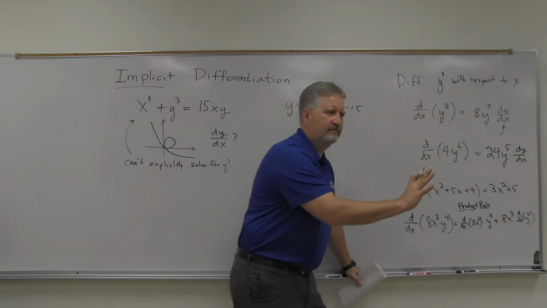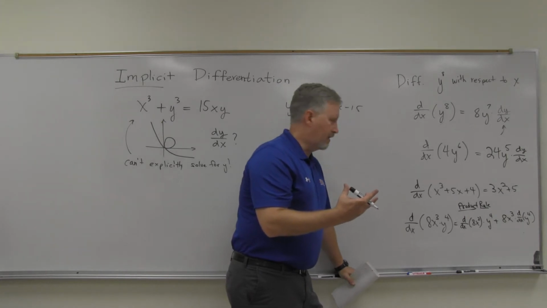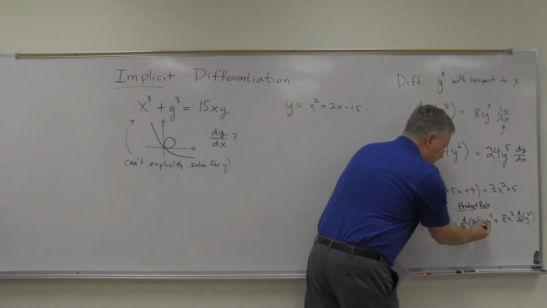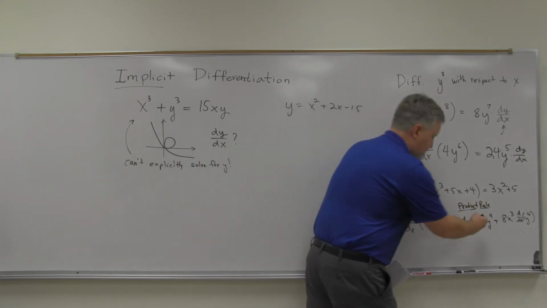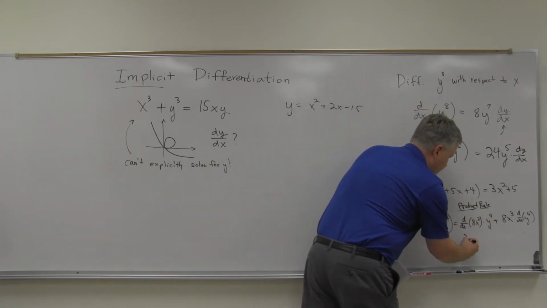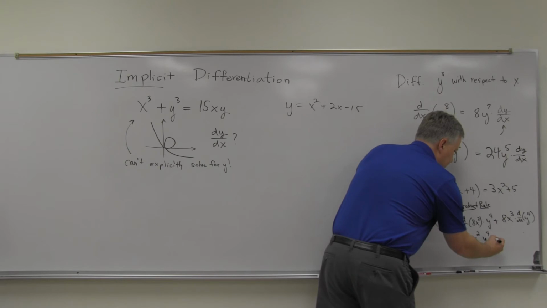Like I said, you don't have to write it out each time like that, but that's what I've got to do, all right? Now, the derivative with respect to x of 8x cubed, well, it's already an x, so it's just straight up power rule there, 24, one less power, and then the y to the fourth, right?